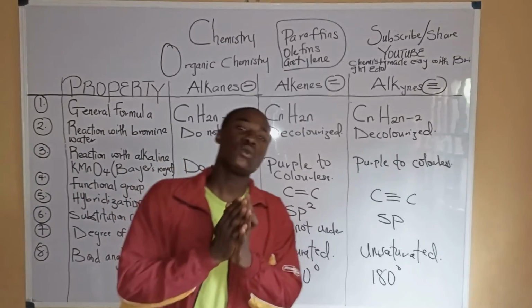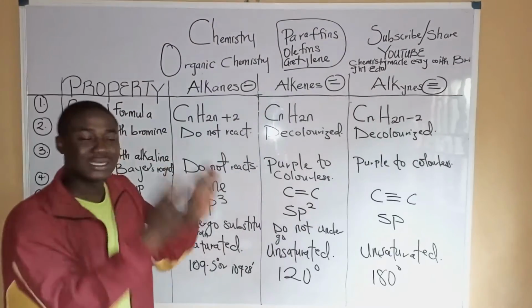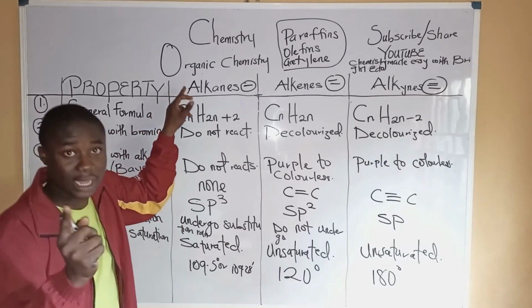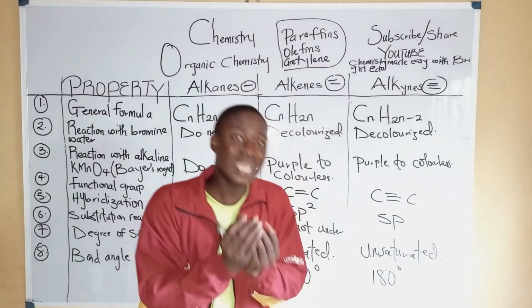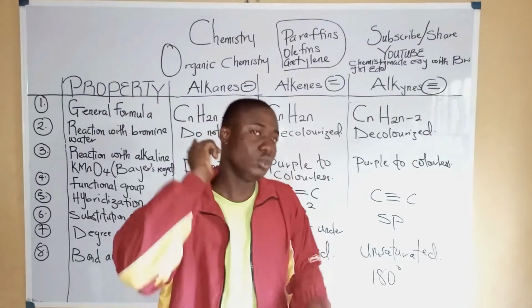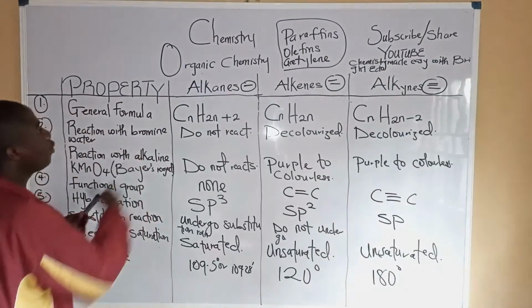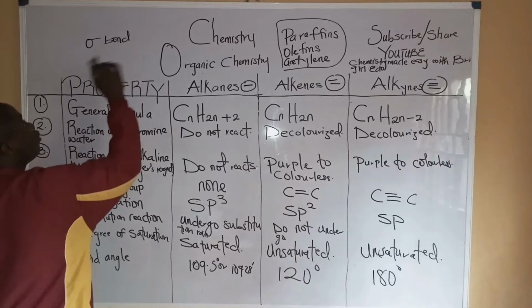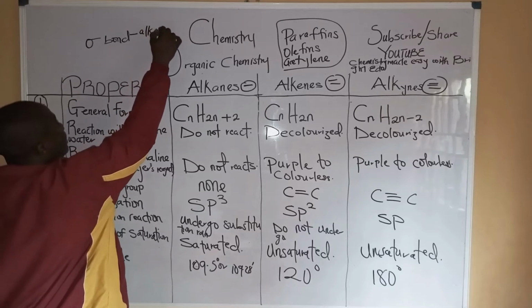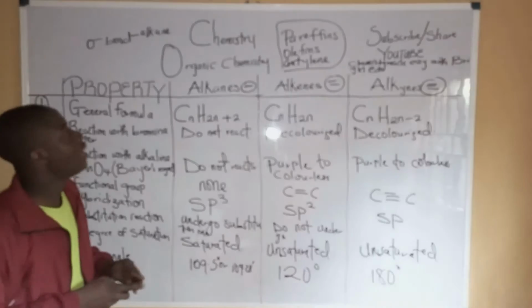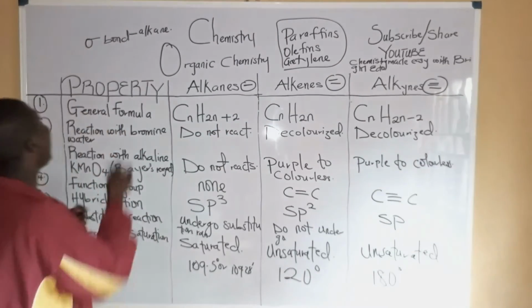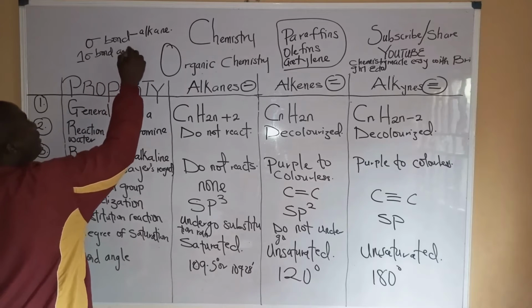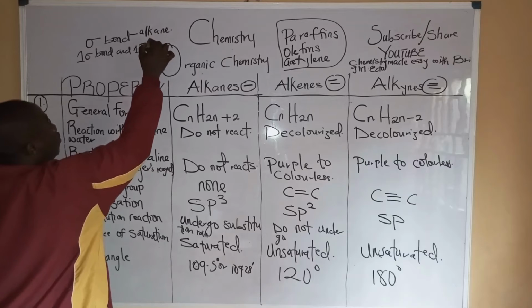Now, we need to understand the kind of bonds seen in this group of organic compounds. Alkanes contain only sigma bonds, no pi bond. For alkenes, they have one sigma bond and one pi bond.